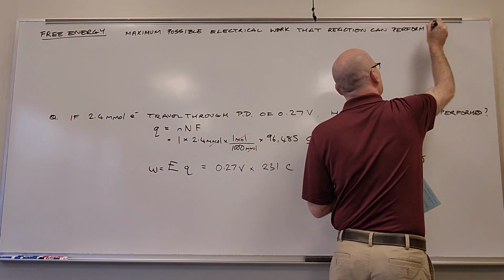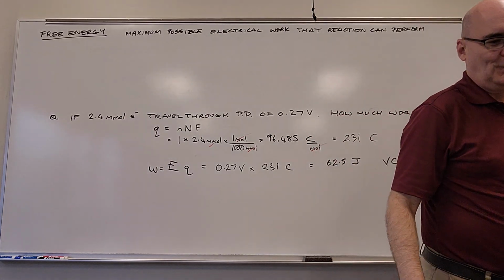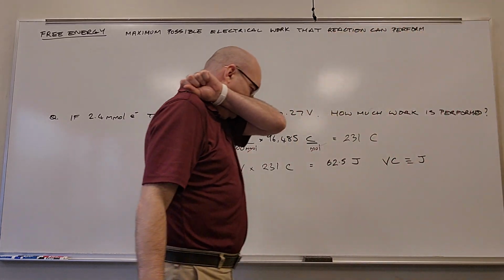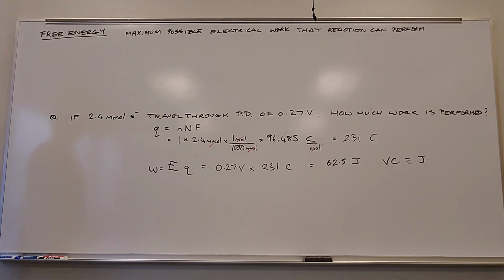I've been trying to talk with my Chemistry 1 students about this. When a reaction does what it does, let's talk about thermodynamics, endothermic, exothermic. The reaction proceeds, and there is heat exchanged.